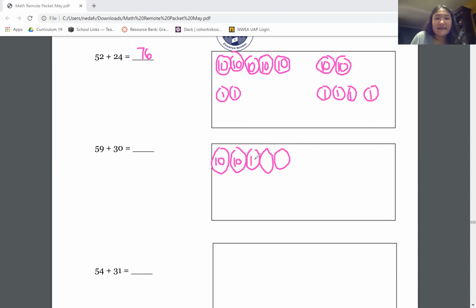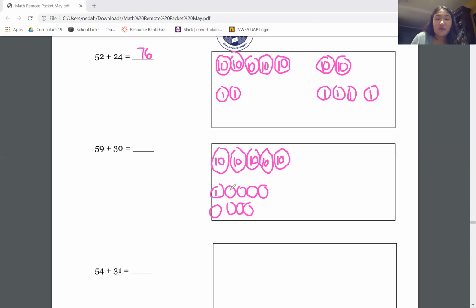How many ones am I going to draw to show 59? That's right, I need to draw 9 ones. So I'll draw 1, 2, 3, 4, 5, 6, 7, 8, 9.